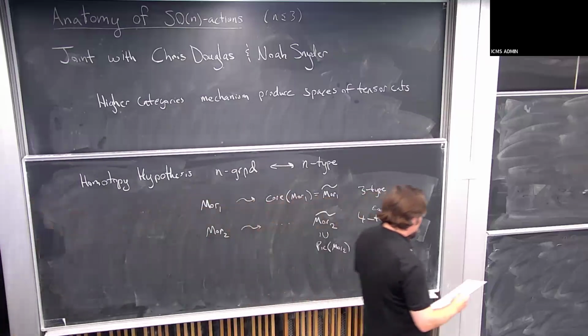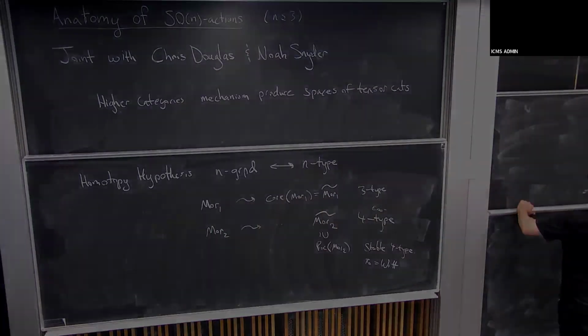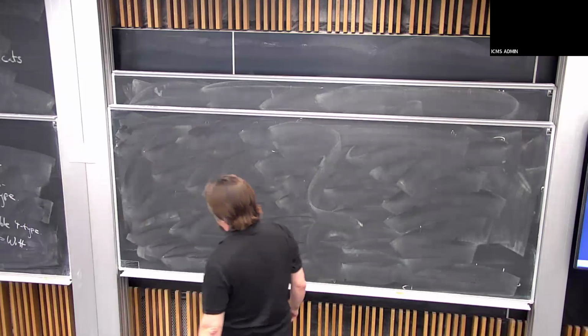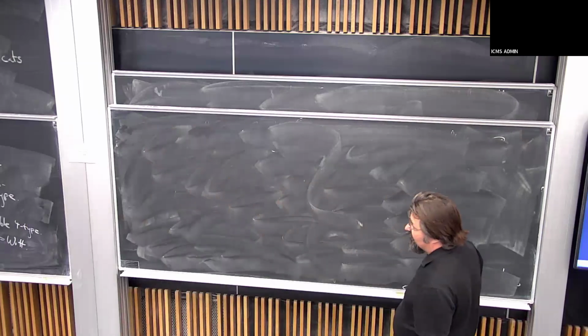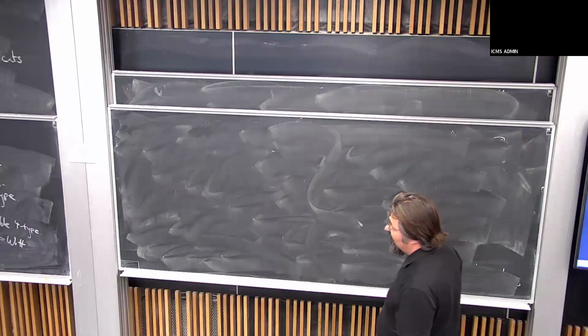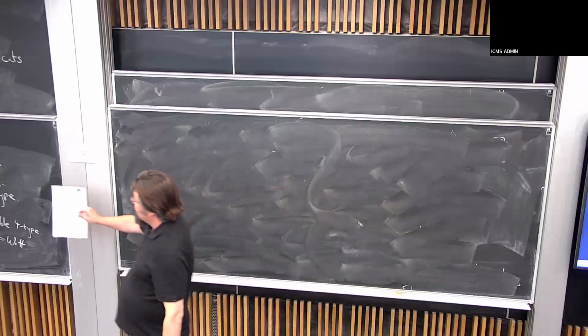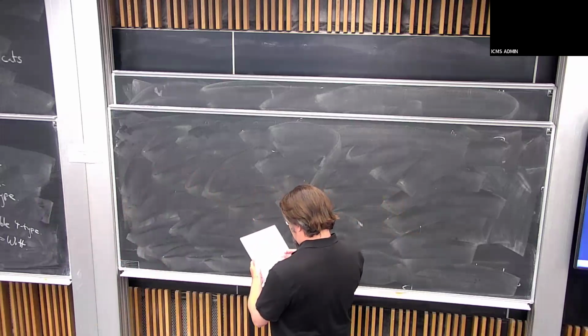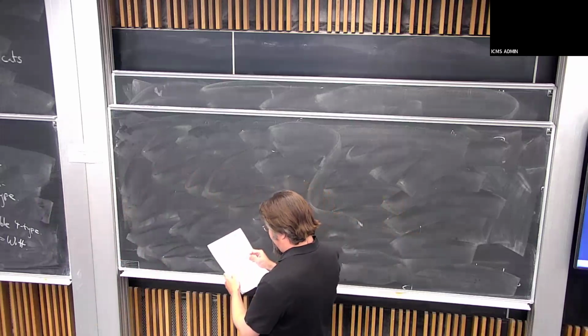And that's through TFTs and the cobordism hypothesis. I want to give a little recollection of what the cobordism hypothesis says, how it relates to these spaces, and what it predicts about these spaces, and then go from there.